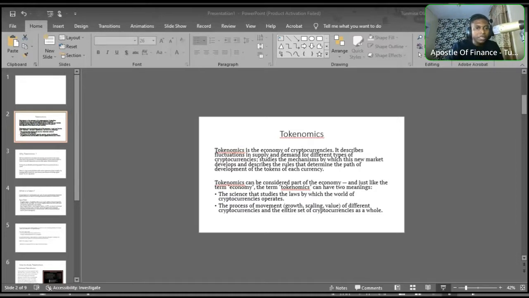Now let's look at the token. We have the fungible token and the non-fungible token. When we talk about the fungible token, we're talking about tokens that can be exchanged for a different token, swapped for the same value of another token.